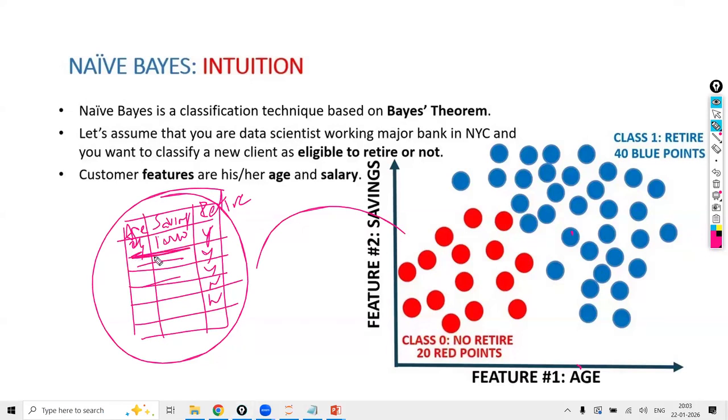Here, for example, one data point is there: 24 comma 10,000, we are going to keep one dot. And the dot is here Y. Y means retire. Retire, I'm going to give one color, blue color. Not to retire color is red color. Just two classes are there, two colors I'm adding.